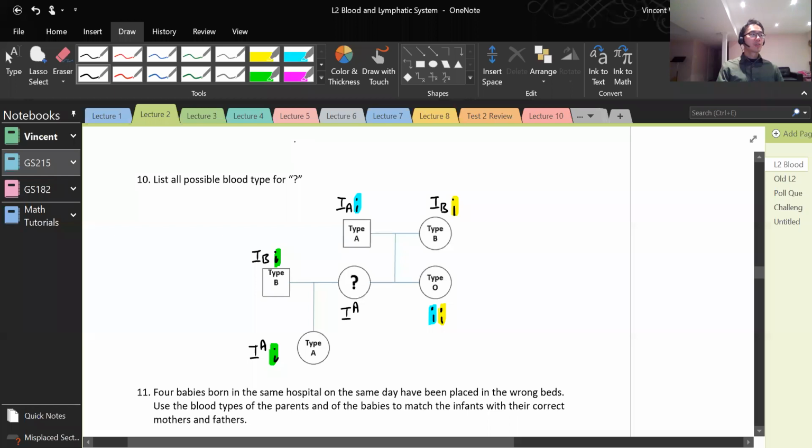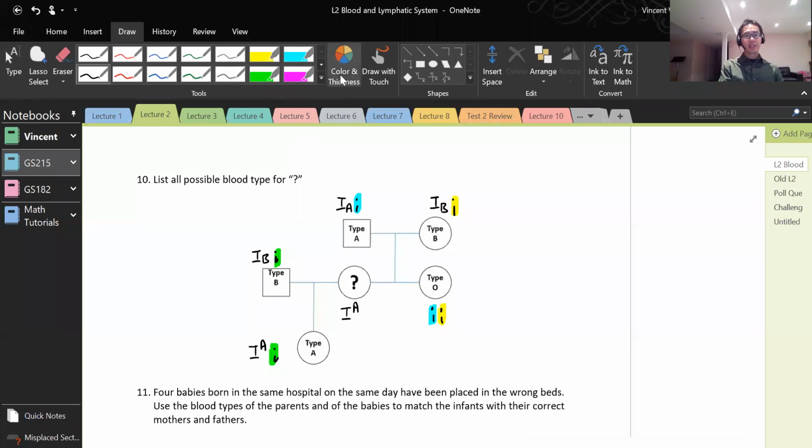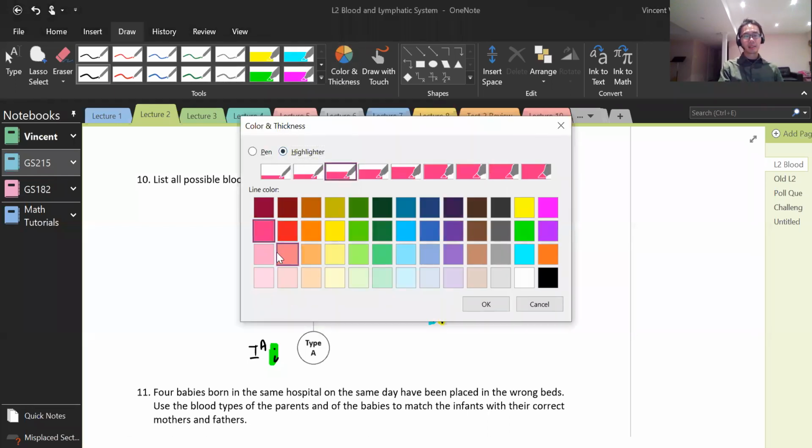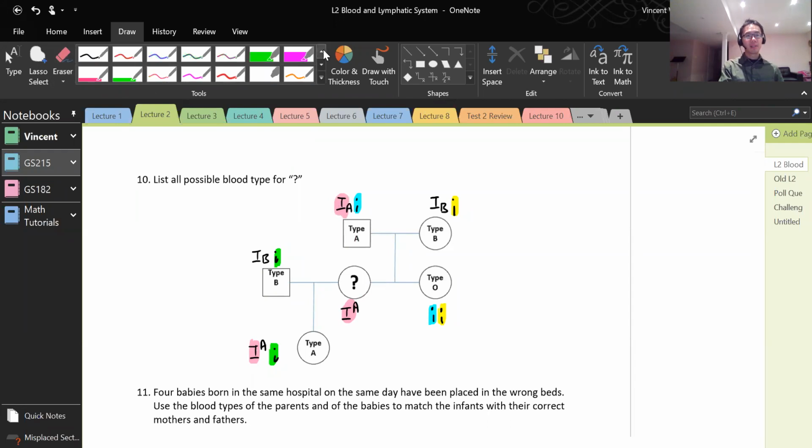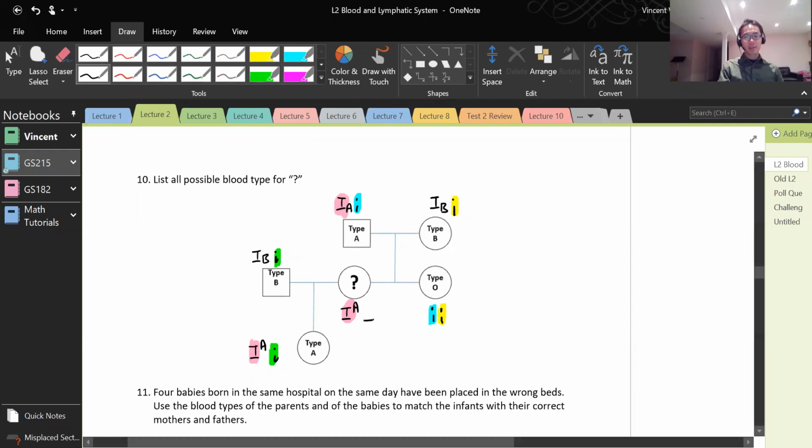That is as much as we can come up with so far. We do know this IA came from the mother, and then this IA in turn came from the grandfather, right? So now the question is, what is the other allele?